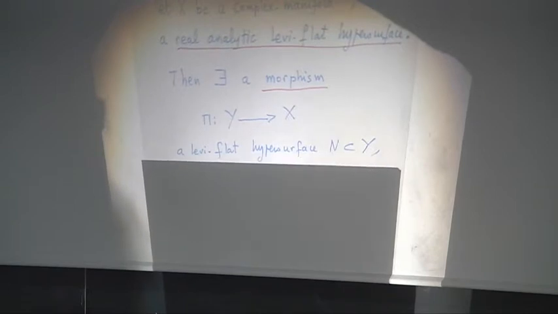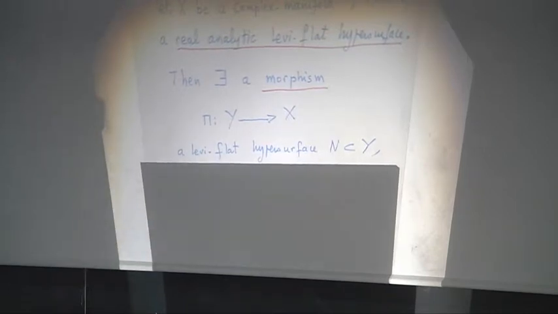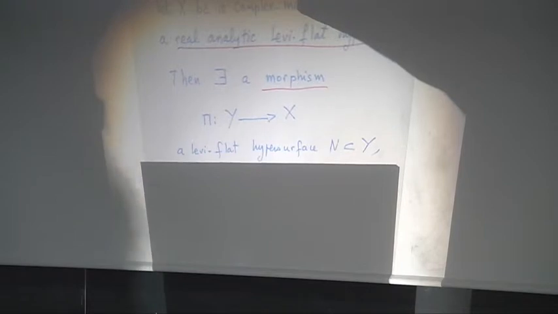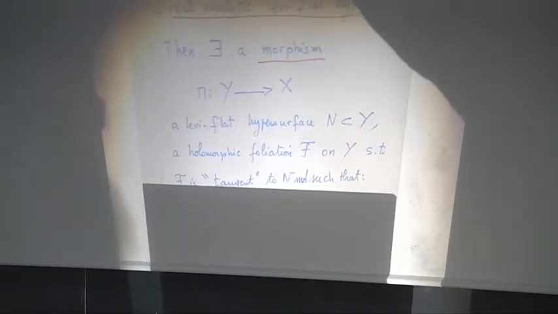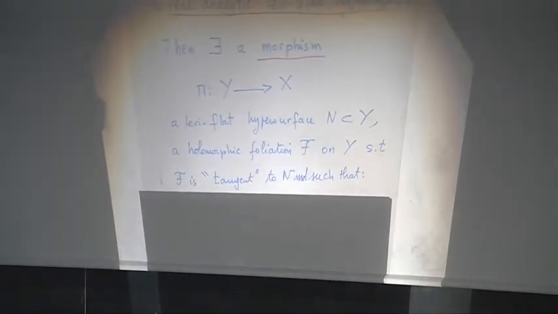In the new manifold, you have a new Levi-flat hypersurface, N, and in the manifold Y, there exists a holomorphic foliation, a global holomorphic foliation, which is tangent to N, which gives, if you want, the Levi leaves of N by restriction, and with reasonable properties.